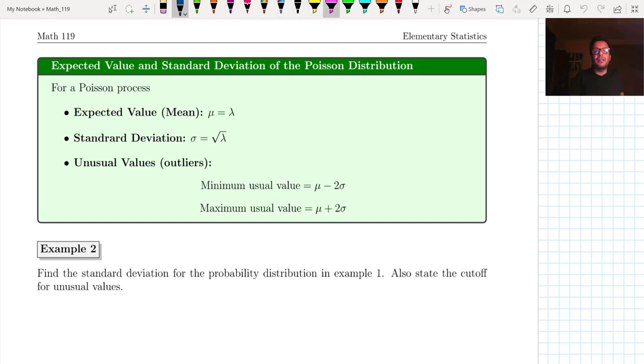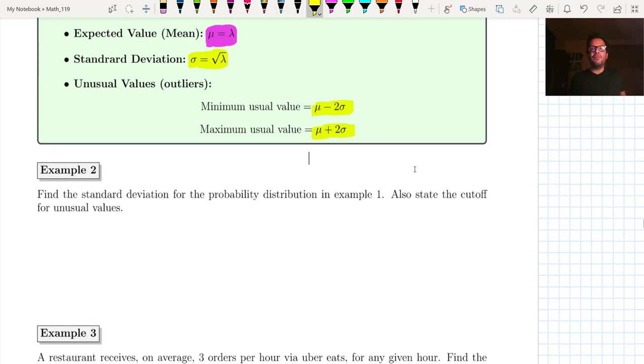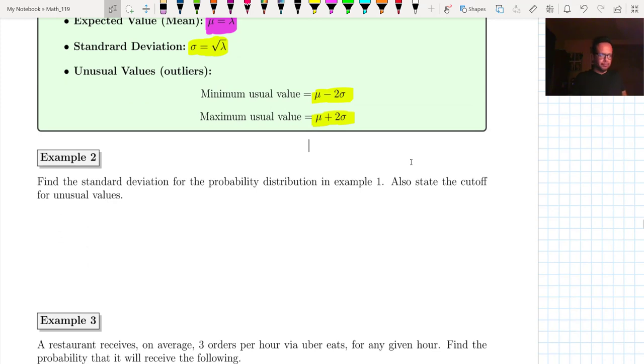For the Poisson distribution we are talking about averages, so average means mean, which means expected value. The standard deviation is the square root of lambda. As usual, the minimum usual value is mu minus 2 sigma, and the maximum usual value is mu plus 2 sigma.